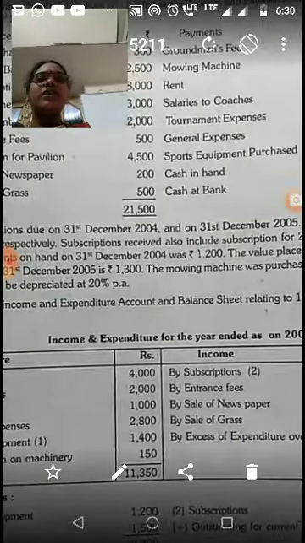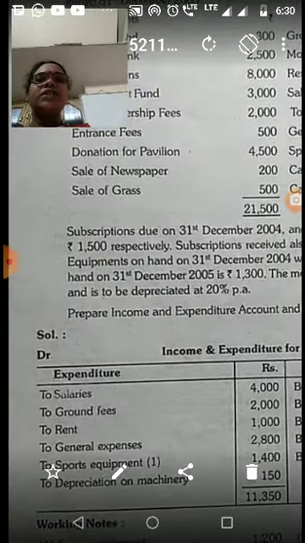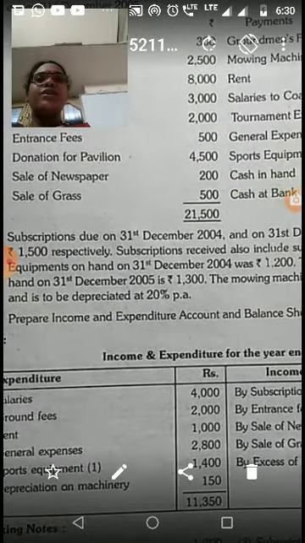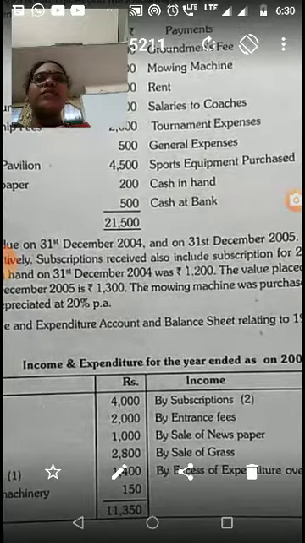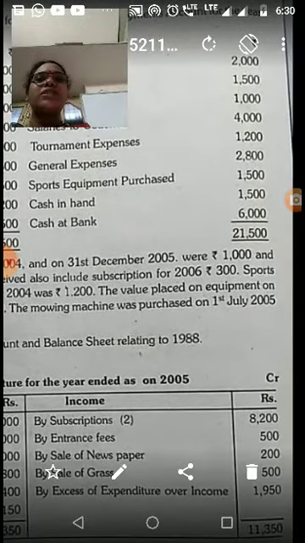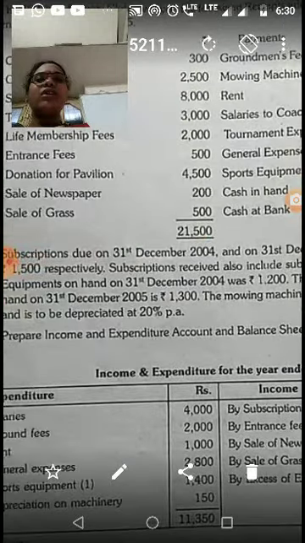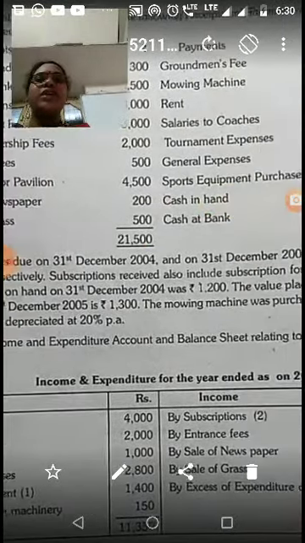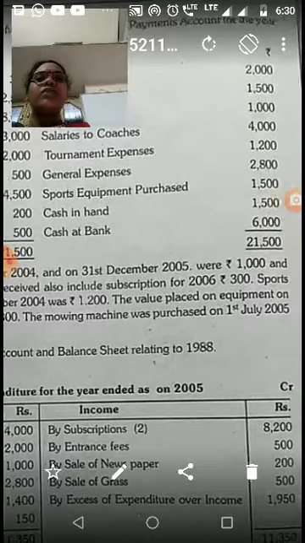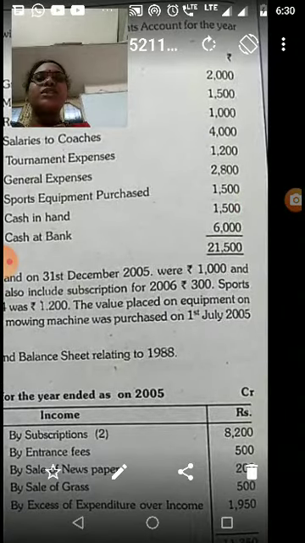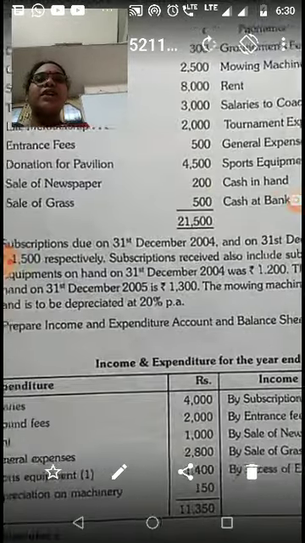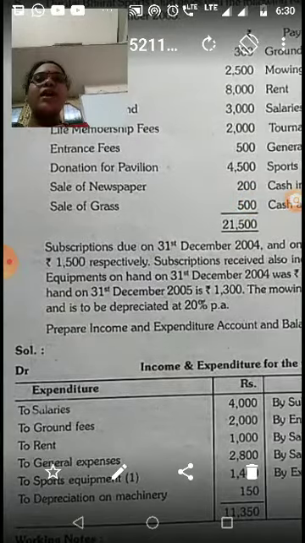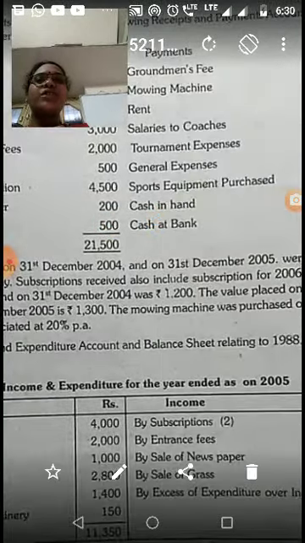Now let us discuss the adjustments. Subscriptions due on 31st December 2004 and 31st December 2005 are 1,000 and 1,500 respectively. Subscriptions received also include subscription for 2006, that is 300. Then sports equipment on hand on 31st December 2004 was 1200.